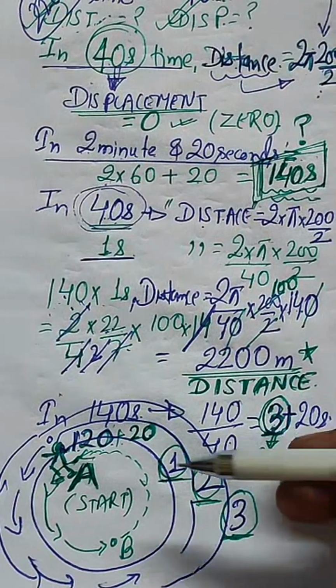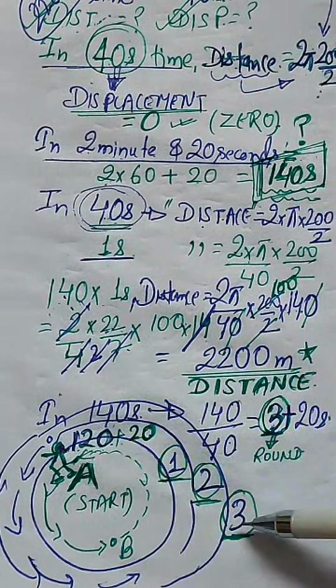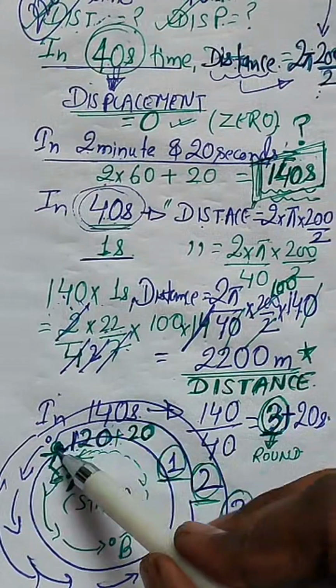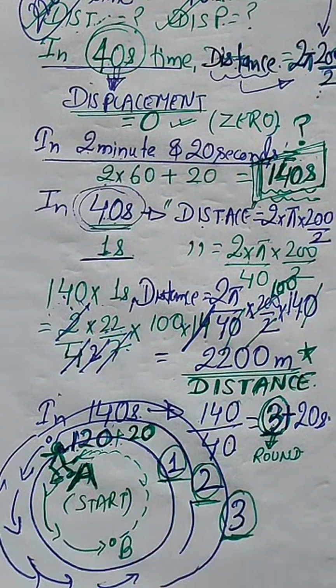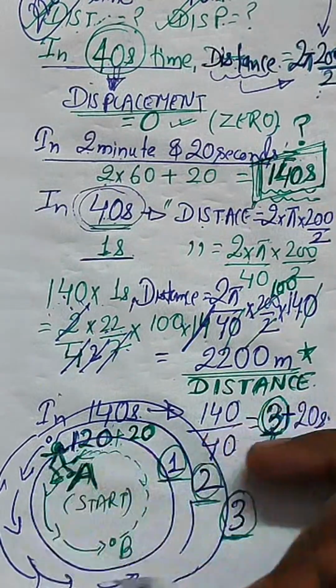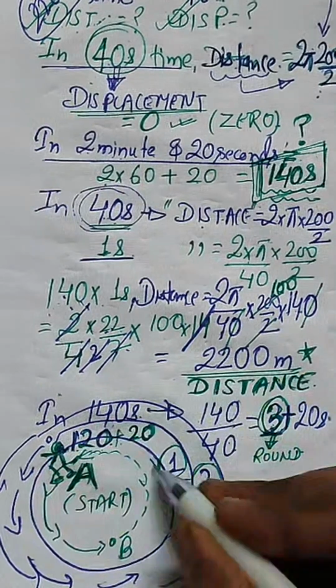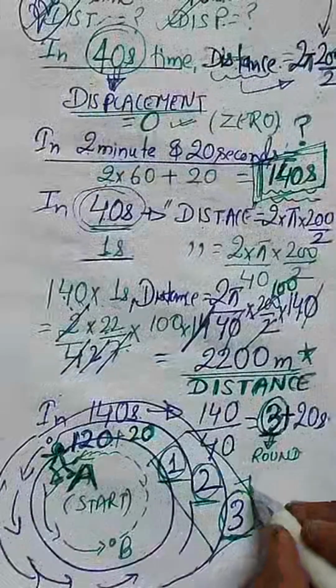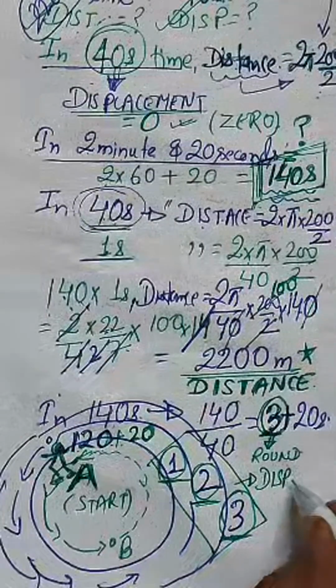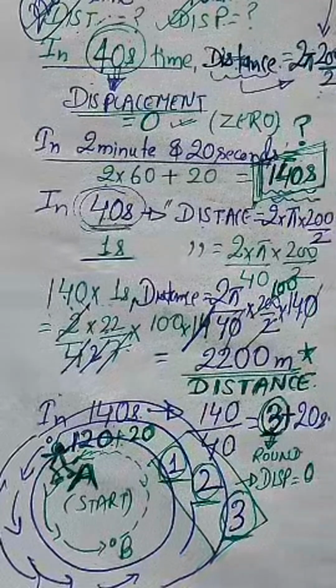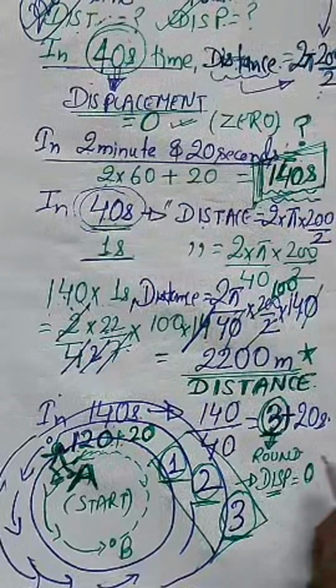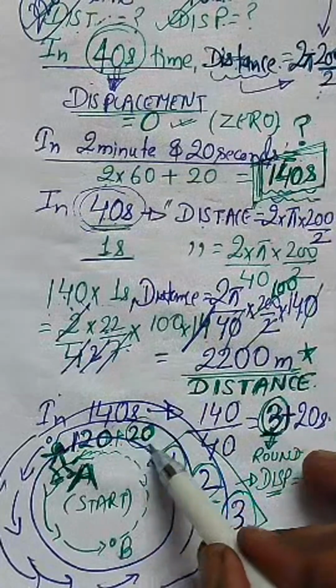Now the displacement after 3 rounds will be again 0, right? After 3 rounds the displacement will be 0. So in 3 rounds the displacement will be nothing but 0. But you can see still 20 seconds is left.